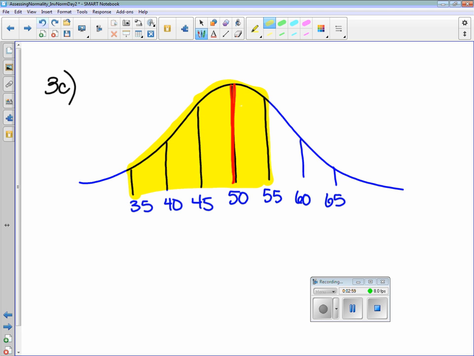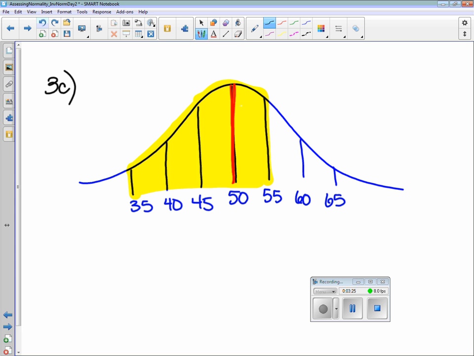And we just have to be able to find, using our empirical rule, each of the different parts. So let's add some more to our picture here. It says in part C. I think he originally said D and then changed it to C.